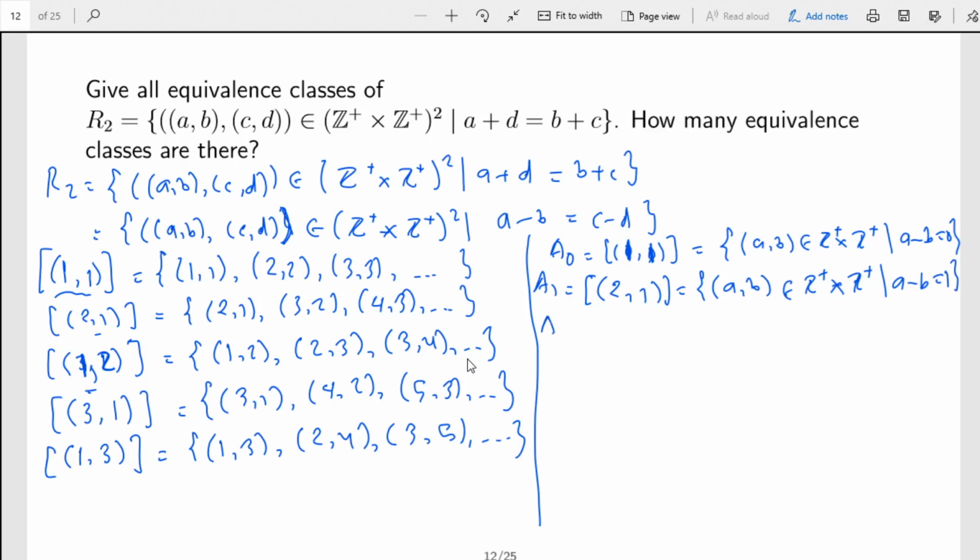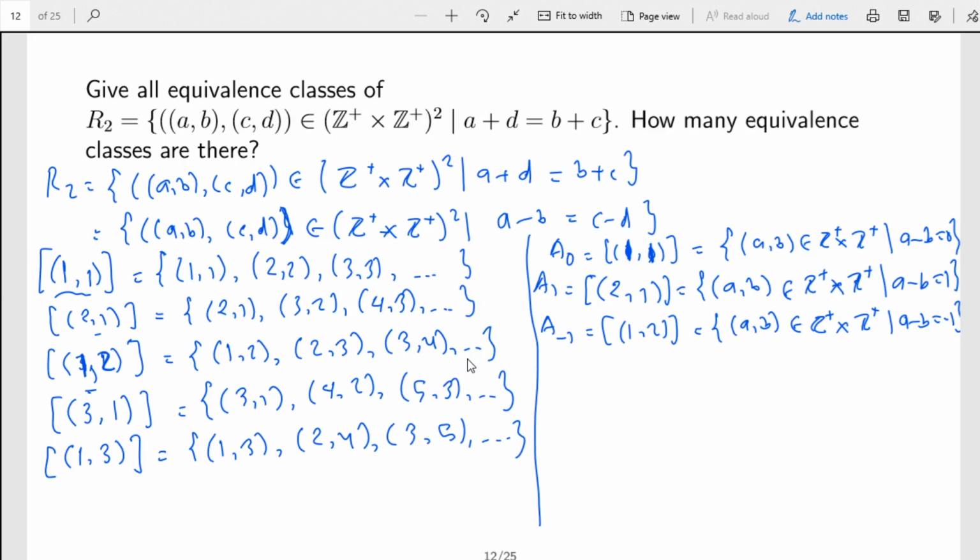And you also have, for example, a minus 1, which is represented by (1, 2), and this is the set of pairs (a, b) such that a minus b is equal to minus 1. And so on.